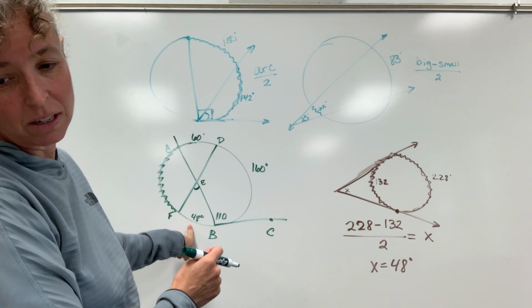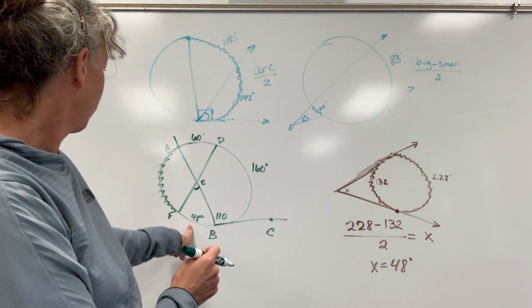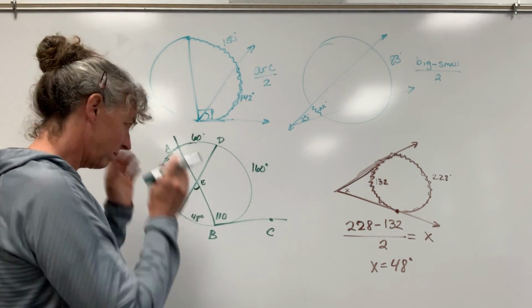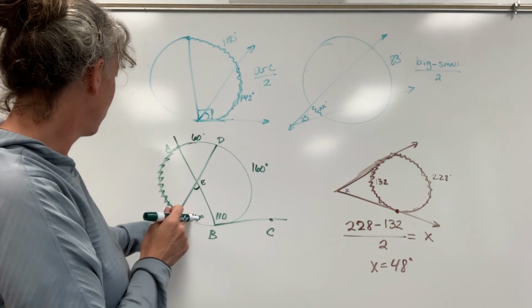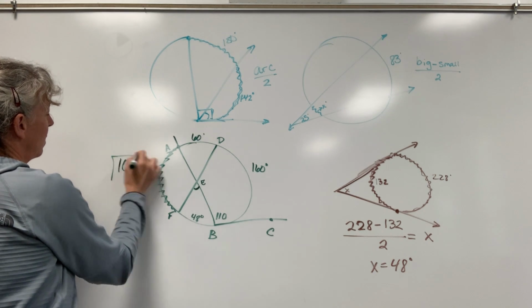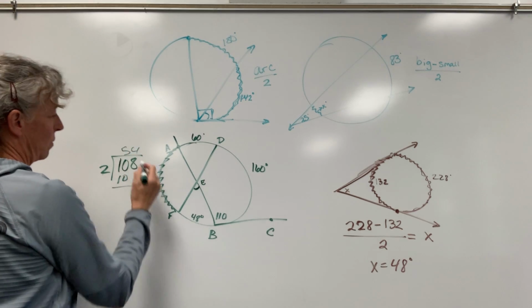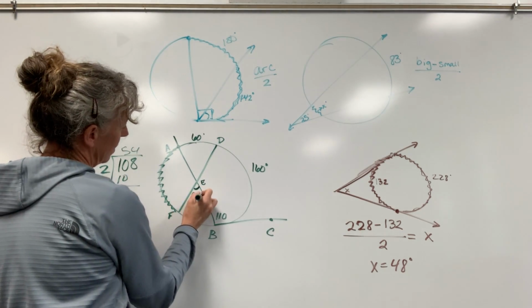Oh, I think they're doing it a different way. I think we should be able to get it this way though. So 60 plus 48 is 108, right? Divided by 2 is 54. This is 54.